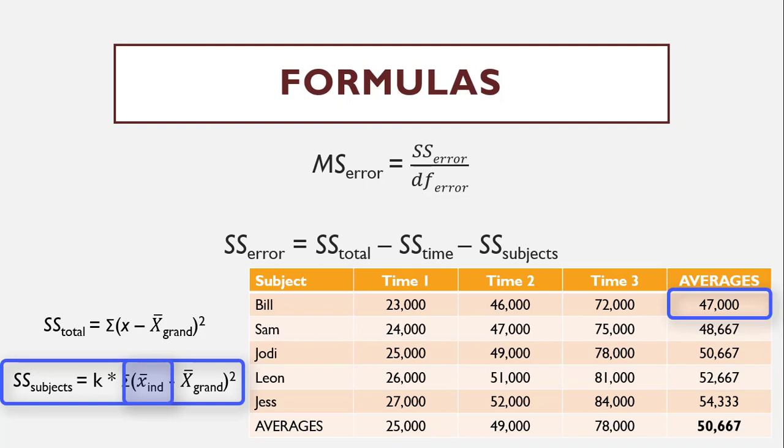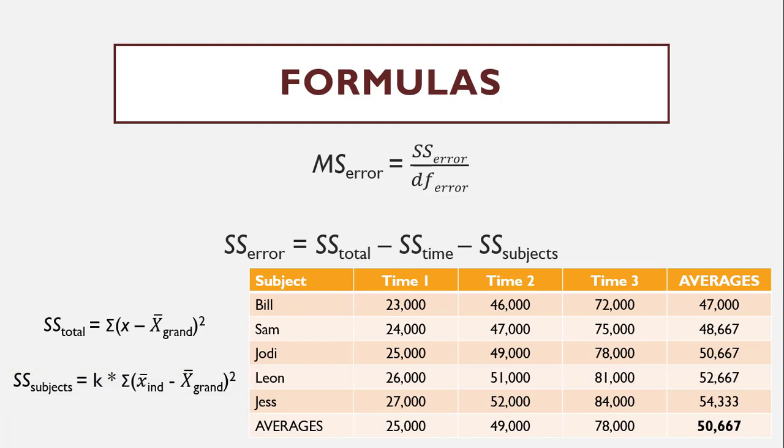Now, that may not be his average across his entire career, but across these 3 time points that we're interested in, that is his average. How much does that deviate from 50,667, our grand mean? Square that, and then we're going to multiply it by k, multiply it by our number of groups. And we're going to do that for each person, add those all together. And that gives us sum of squares subject.